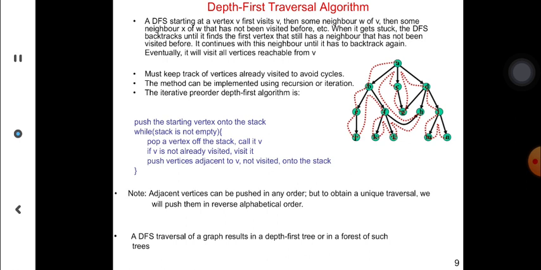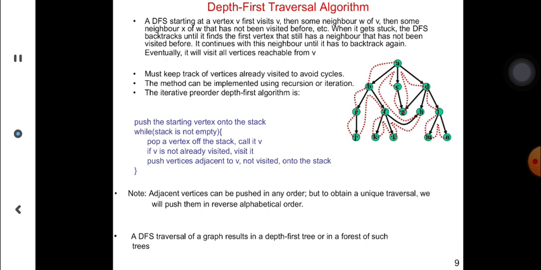Now the method can be implemented using recursion or iteration. The iterative preorder depth first traversal algorithm is this: you are using a stack. You push the starting vertex into the stack.